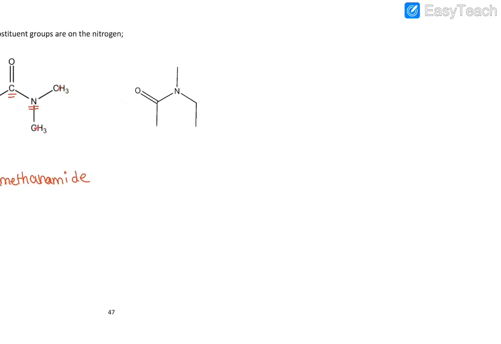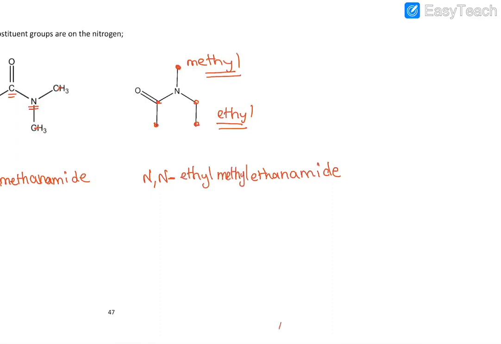Here again, I have 2 carbons, so this is an ethanamide. On the nitrogen, I have 1 methyl, and then I have another ethyl, so this is N-ethyl-N-methyl ethanamide.